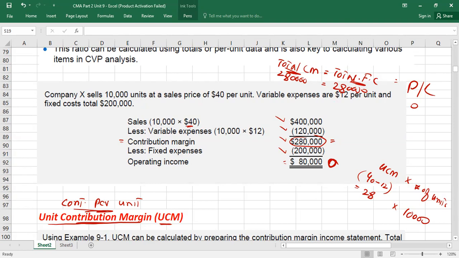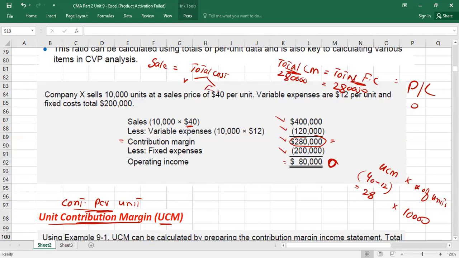There is another way to define the break-even point. The other way is if my sales equal total cost. Total cost should include total variable cost and total fixed cost.